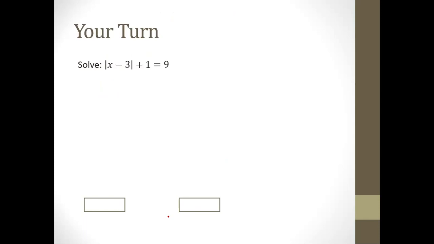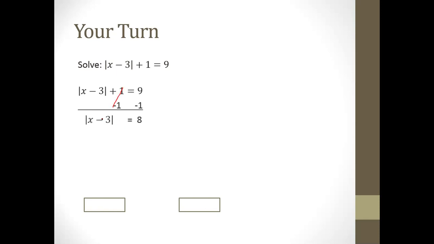Let's take a couple of seconds to try this example. We want to isolate our absolute value and solve for x. All right, so in isolating our absolute value, we subtract 1 from both sides of the equation.